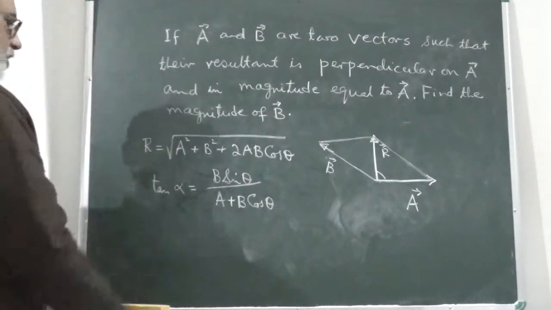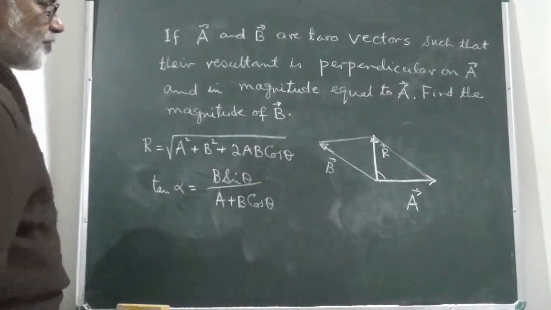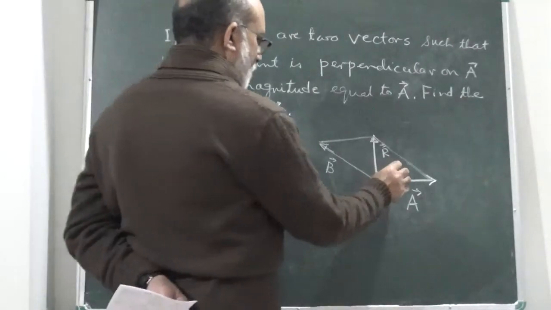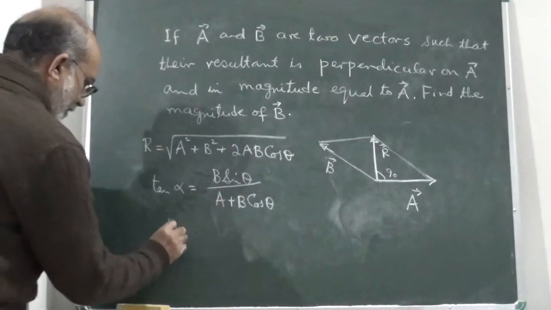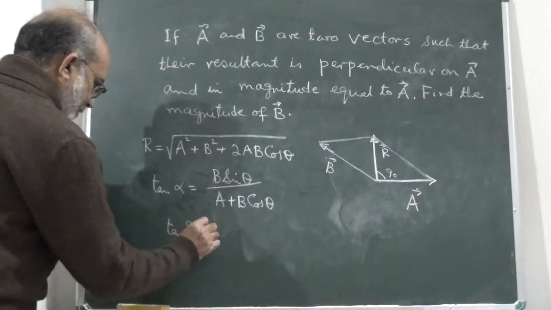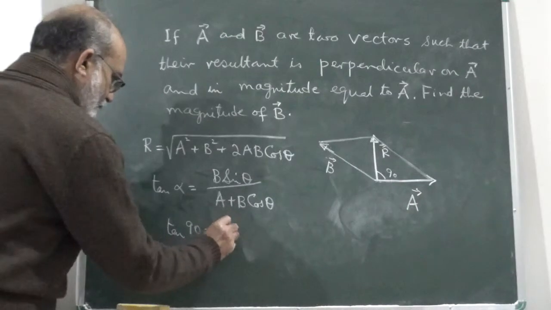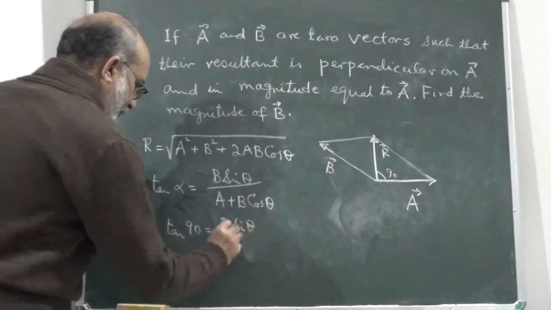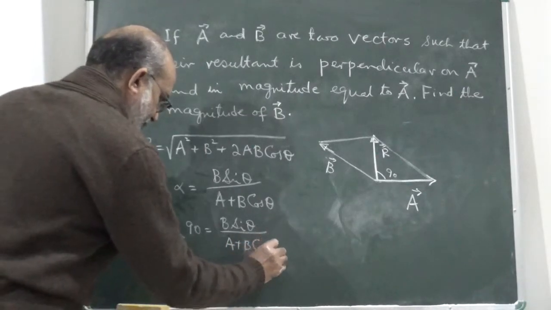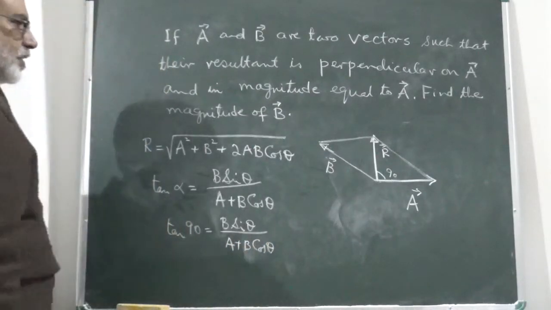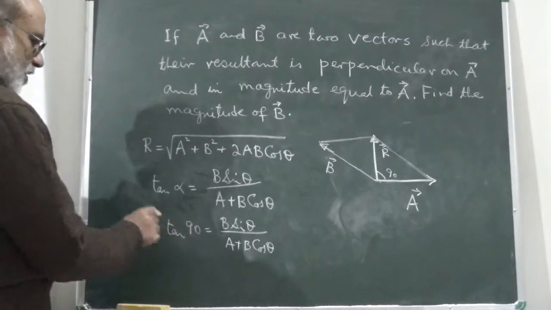In this problem this angle is given as 90 degrees, and tan 90 means infinite, which is 1 by 0.